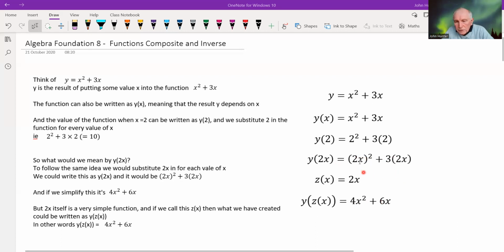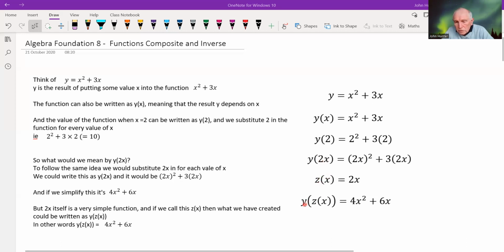But let's just think about this. This 2x here, essentially, it is just another function. Very simple one, but a function nonetheless. And if we were to call that function z of x, then you can see what we've actually done there is, instead of 2x, we can write this as z of x.